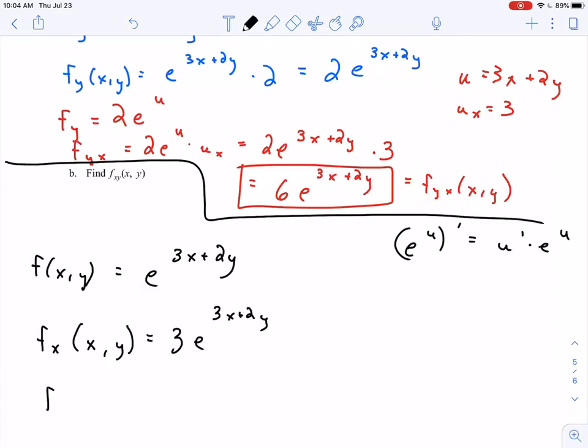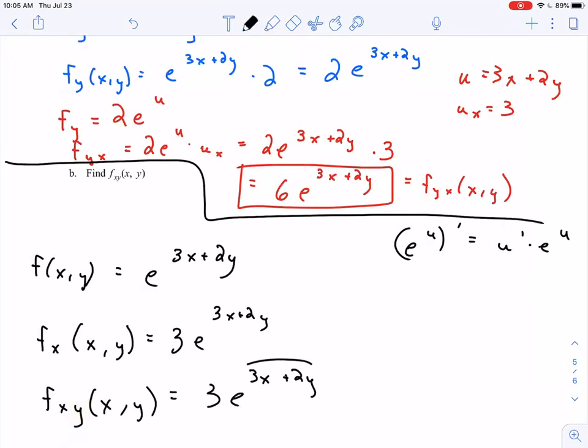And then if I want to take the partial with respect to y now, f sub xy, x comma y, this part's going to stay almost identical, 3e to the 3x plus 2y power, but I need to multiply by that u prime, which in this case, I'm taking the partial derivative with respect to y.